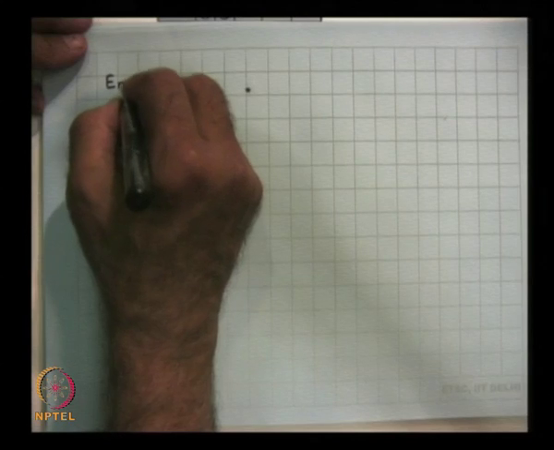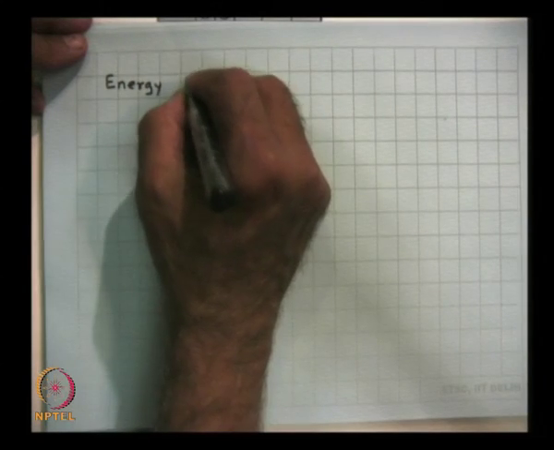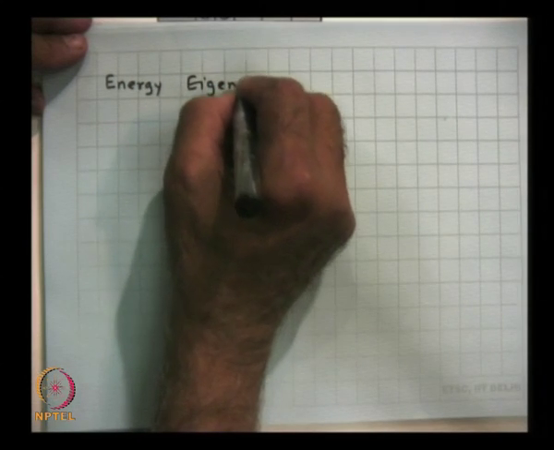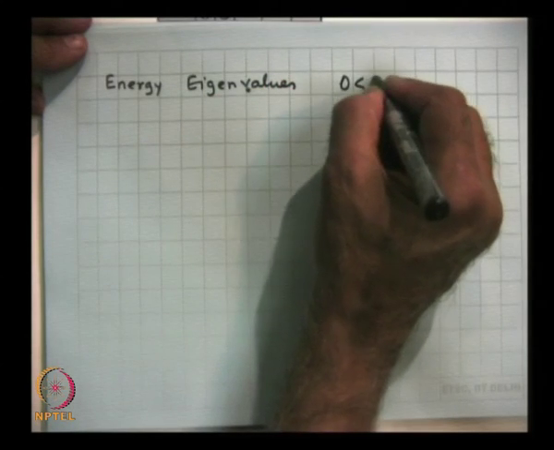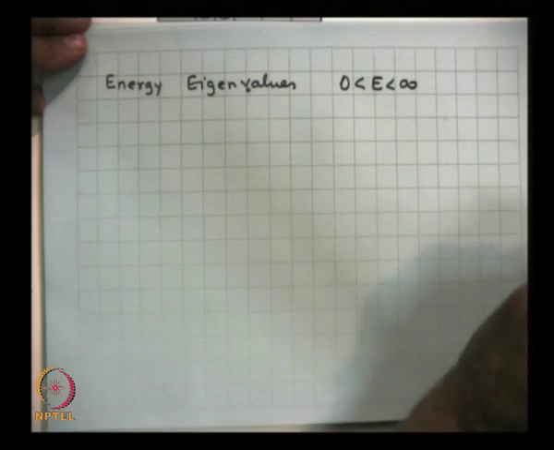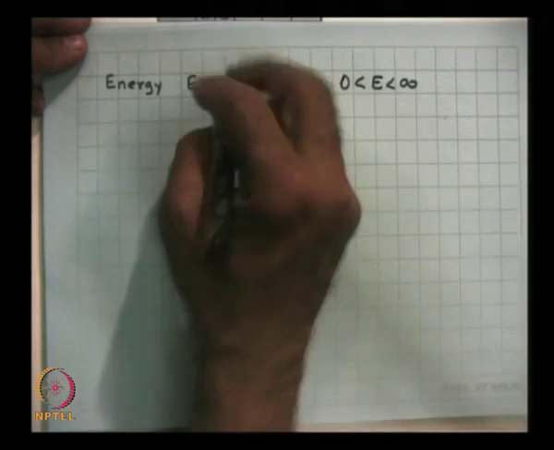So, we say that the energy eigenvalues form a continuum. Energy eigenvalues are such that 0 is less than E, they can take all values between 0 and infinity. So, they form a continuum.